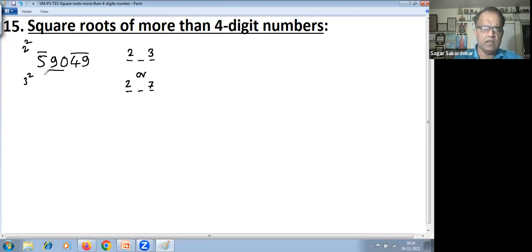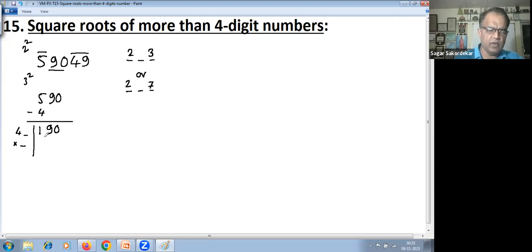Next, to get the middle digit, you have to take the first two groups, 5 and 90, and subtract the square of the first digit from the first group. 2 square is 4. 5 minus 4 is 1. And then take the next group digits. And now you have to take double of this first digit, that is 4, and find the number here with which you multiply the same number.